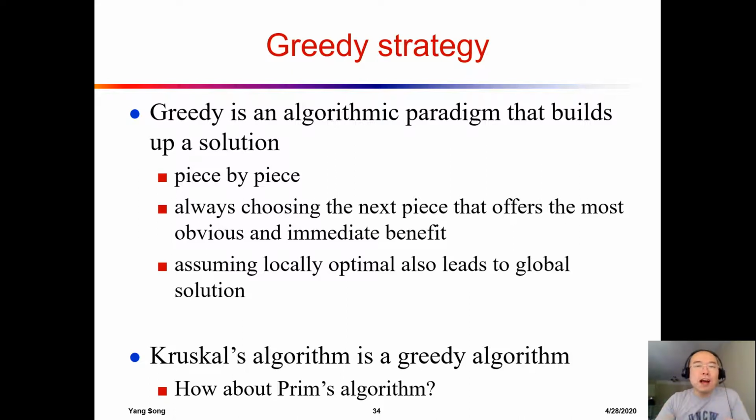So that is called a greedy strategy. A greedy strategy is not a single algorithm, but a way that we can design many algorithms. The strategy of designing a greedy algorithm is that we build the solution piece by piece, and for each step, we only move in the direction which is the most obvious and gives us the highest immediate feedback.